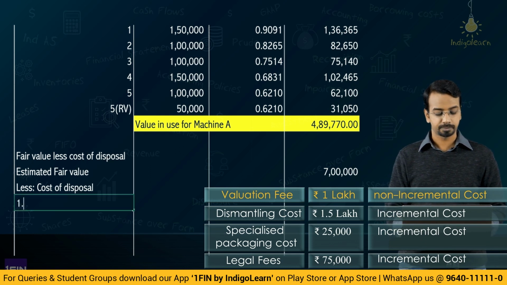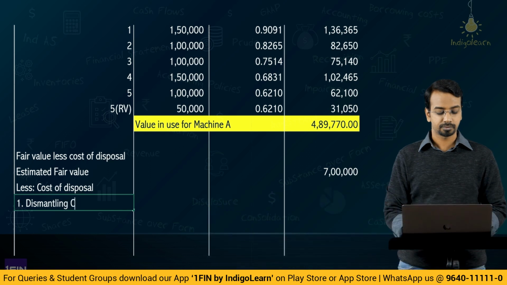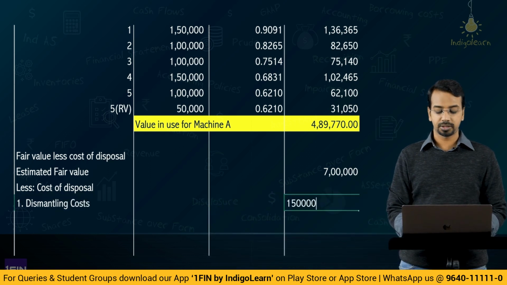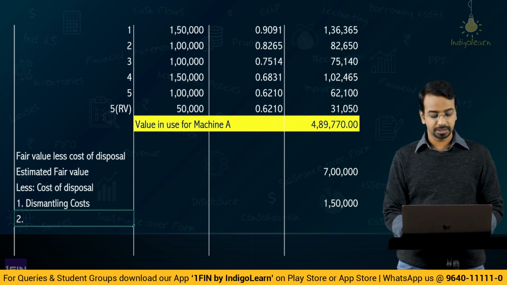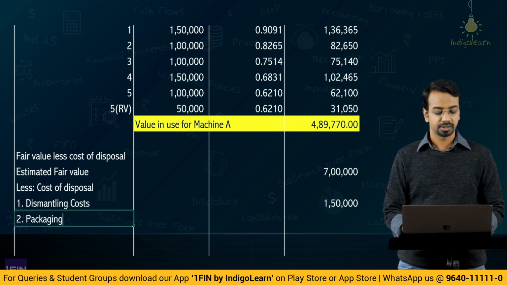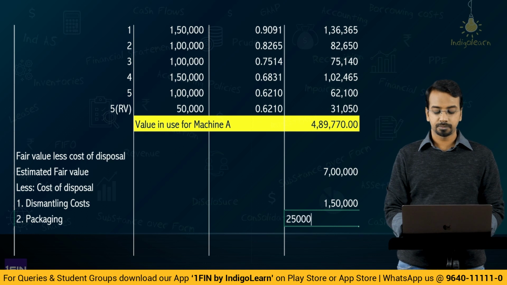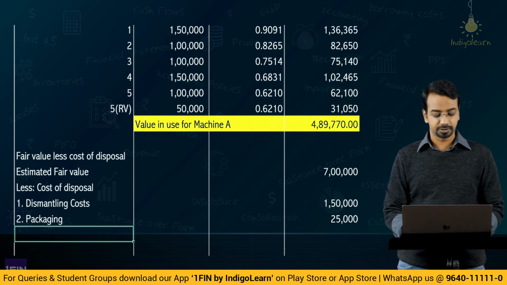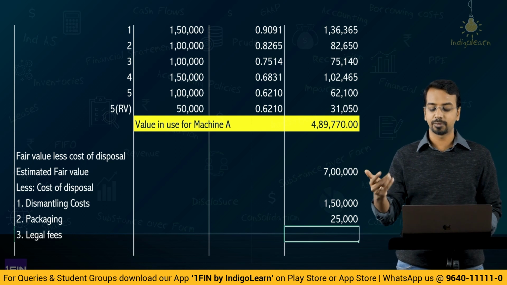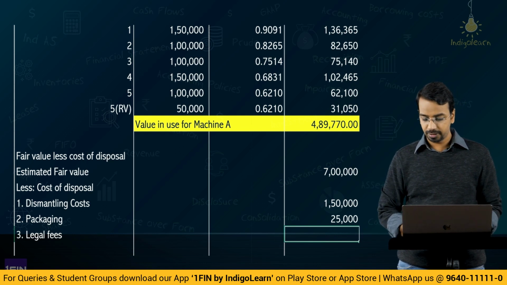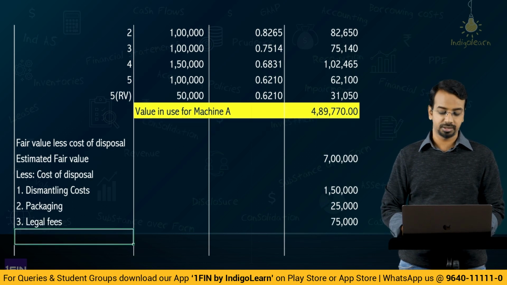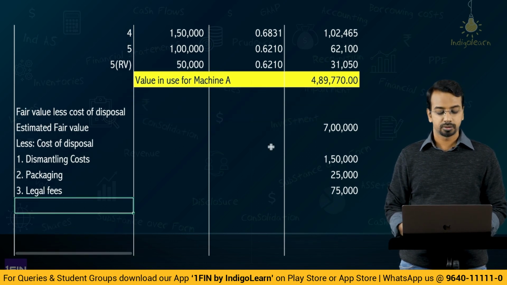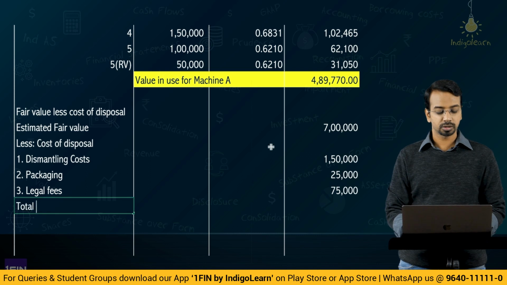Dismantling cost of 1,50,000. Okay, then we have packaging cost of 25,000 and legal fees. Assuming this legal fees would be incurred at the time of disposal of the machine, legal fees would be 75,000. So, only incremental cost should be considered. Okay. So, what is the total cost of disposal?